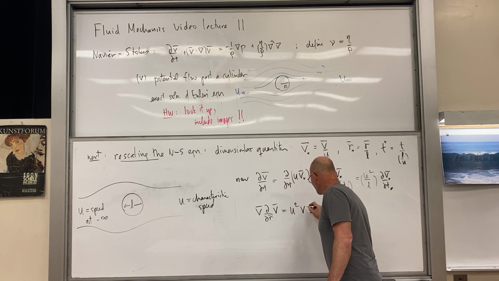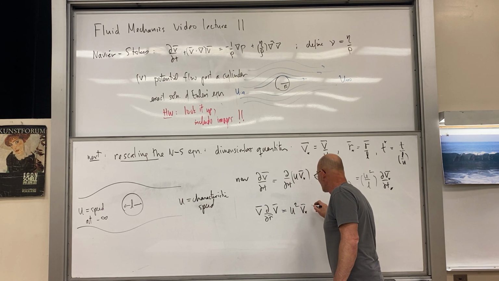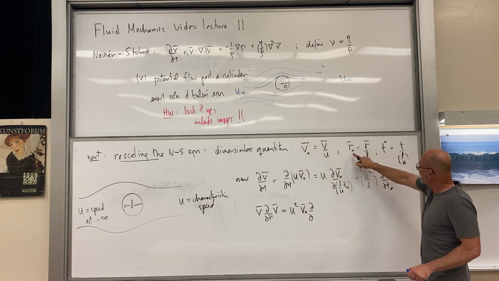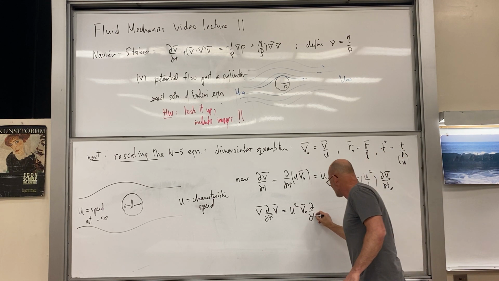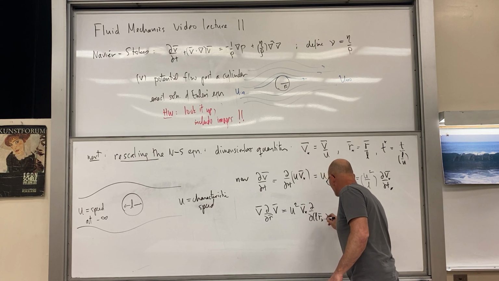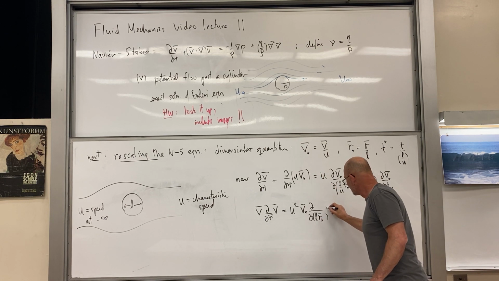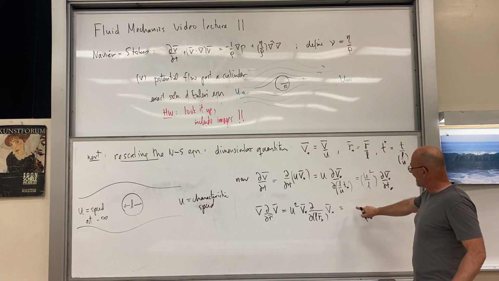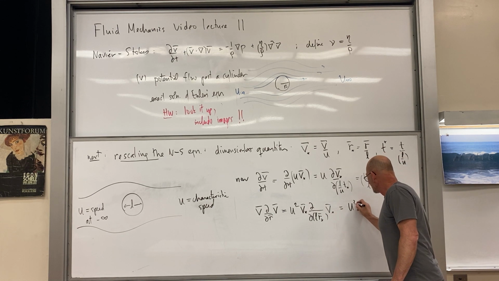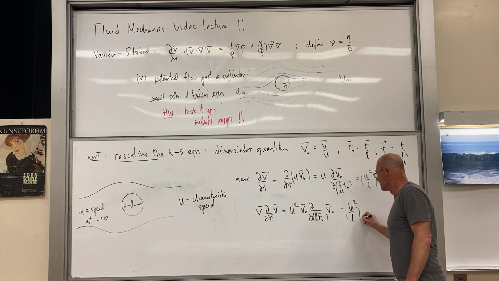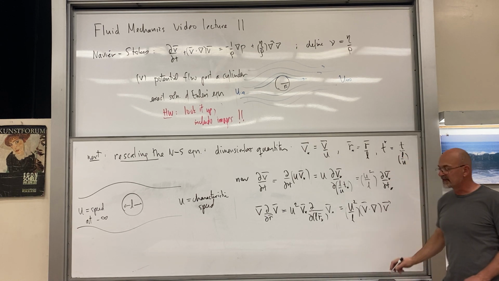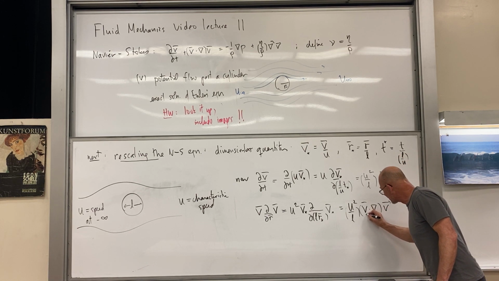Then we'll have V star d/d, and that R is going to be L R star. And you can see what we have: again U squared over L, U squared over L, and now we have V dot grad V, and everything gets a star.